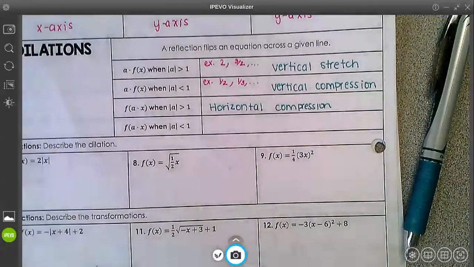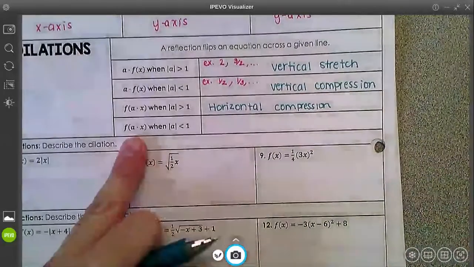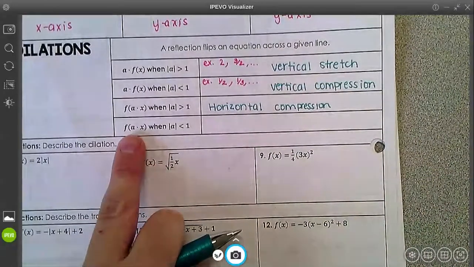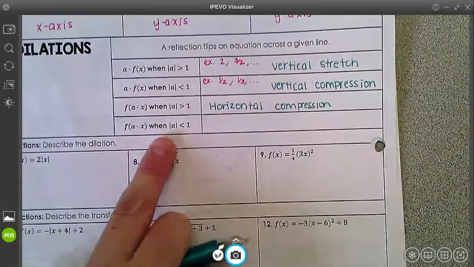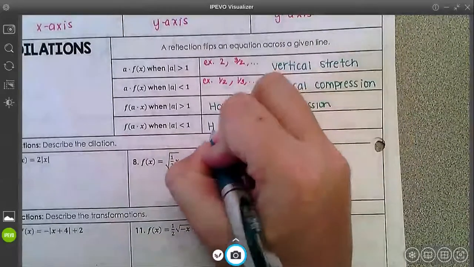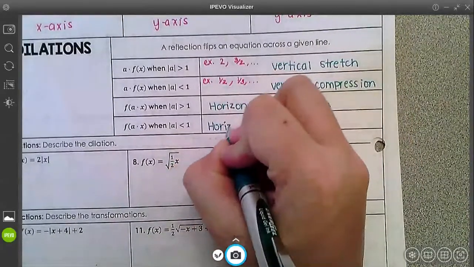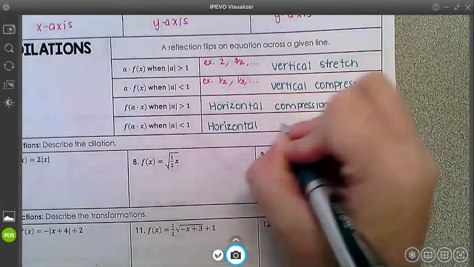So we're squishing it in from the inside or from the sides, and you're getting skinny. All right, if it's on the inside but it's less than 1, this is a horizontal stretch.